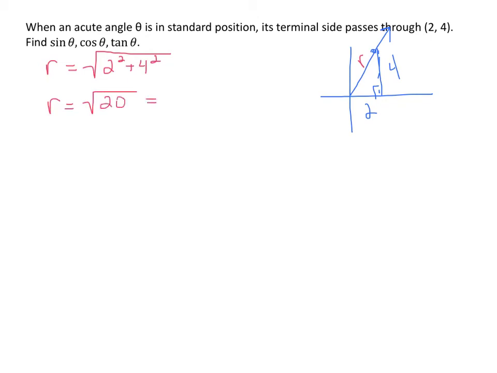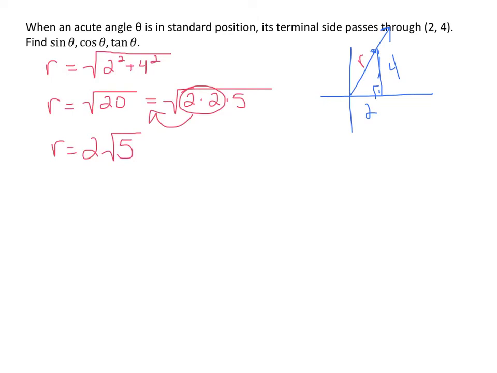And I can write that in simplest radical form. 20 is 2 times 2 times 5. That's prime factorization. Anytime a value is repeated, I can pull that value out of the radical. So r is equal to 2 times the square root of 5.